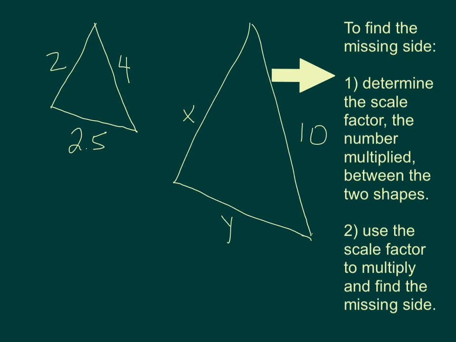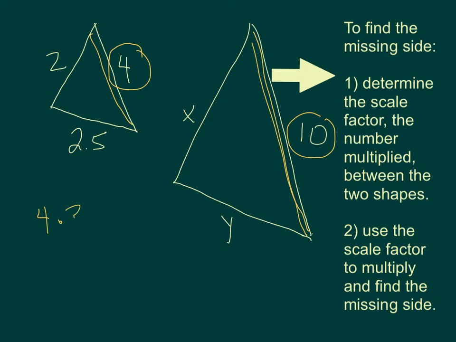In this case, I'm going to focus on the 4 and the 10 because those sides match. They're called corresponding sides because they match up, and I have numbers for both of them. I don't have an x, I don't have a y, so I can determine the scale factor from here. So ask yourself, what gets multiplied by 4 to get 10? That's going to be your scale factor. In this case, that is 2.5.